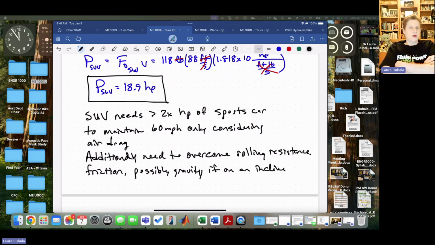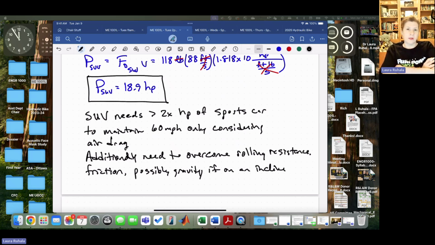So the SUV is going to need twice the horsepower of the sports car to maintain that, just from the drag. Now, the rolling resistance. Will the SUV have more rolling resistance and friction? Probably.